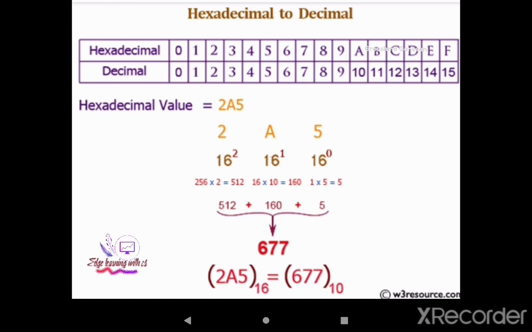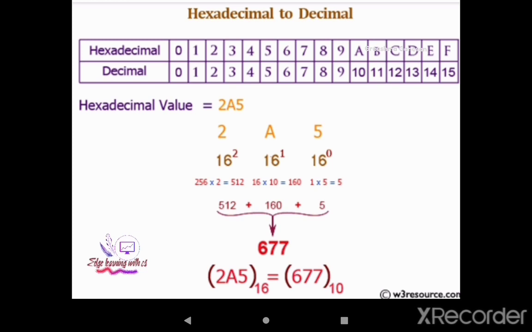Then we just multiply it with the 16 powers. If you write the number in reverse order, you can start from the left itself. That means 5 into 16 raised to 0, A into 16 raised to 1, 2 into 16 raised to 2. If you are not reversing the number, you start the 0th position from right to left.